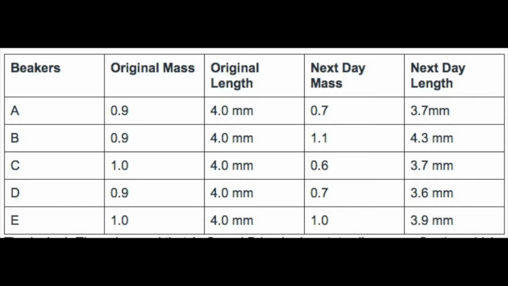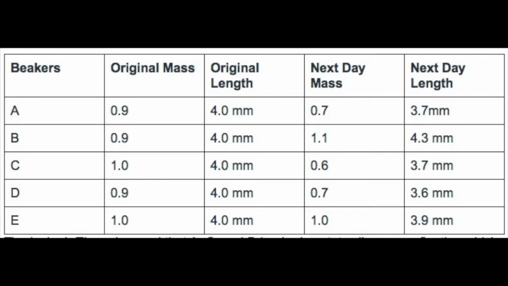In beaker C, the original mass was 1 gram. Its next day mass was 0.6 grams. Its original length was 4 millimeters, and its next day length was 3.7 millimeters. In beaker D, its original mass was 0.9 grams, and the next day its mass was 0.7 grams.